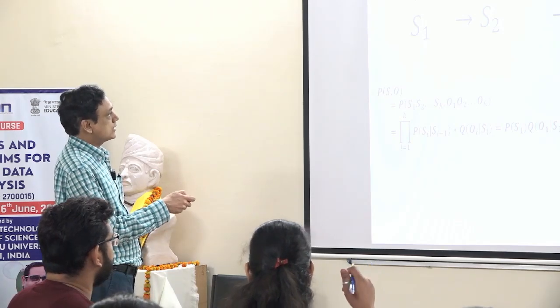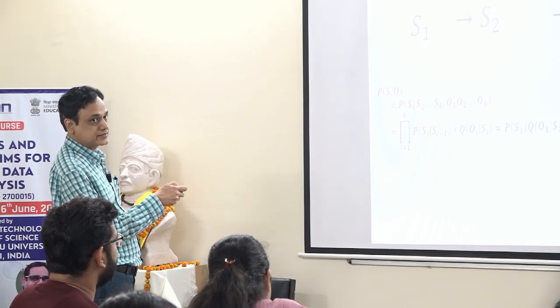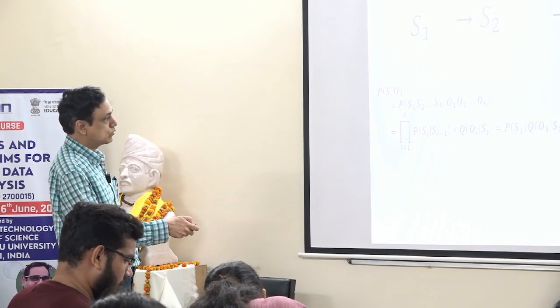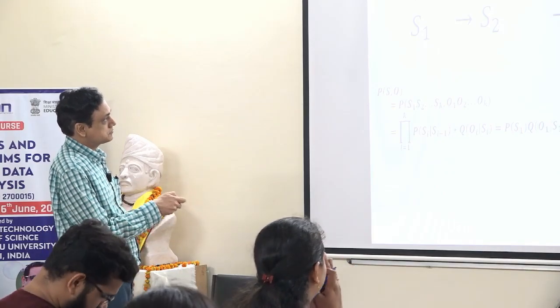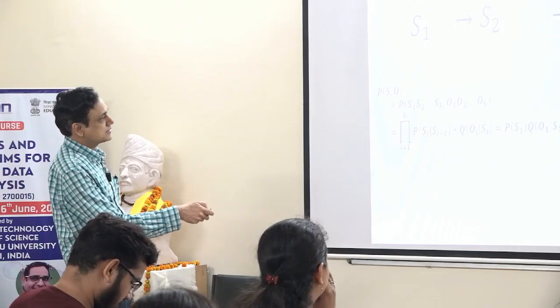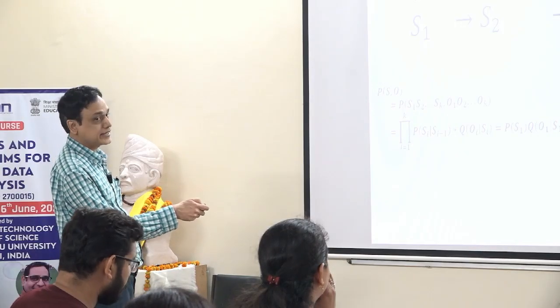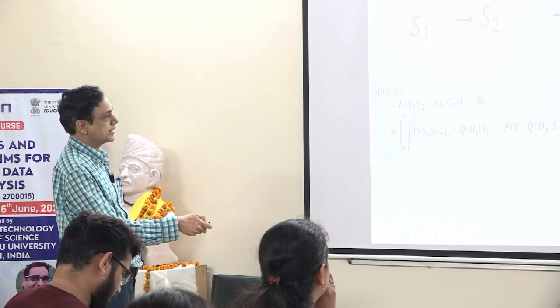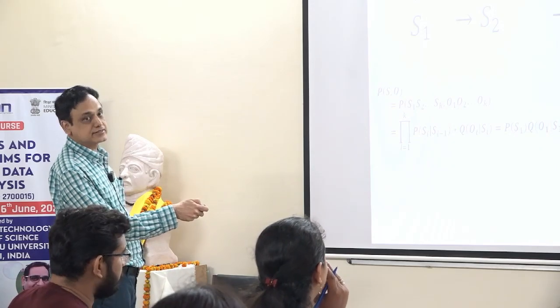Once you are in S2, O2 is emitted, so the probability of emitting O2 from S2, O2 given S2. You can do it like this, and when you come here, this is the probability of transitioning from Sk-1 to Sk, and then emitting Ok from Sk, the probability of Ok given Sk.